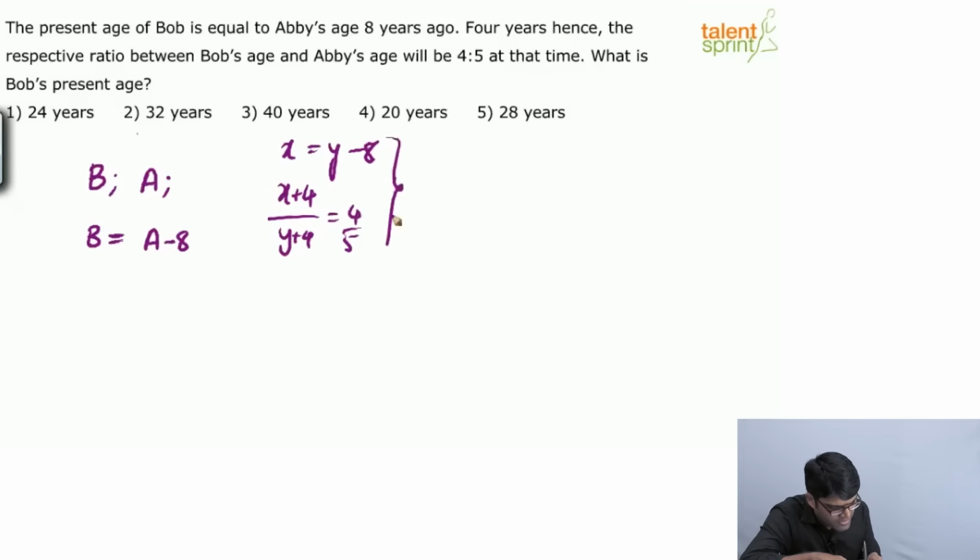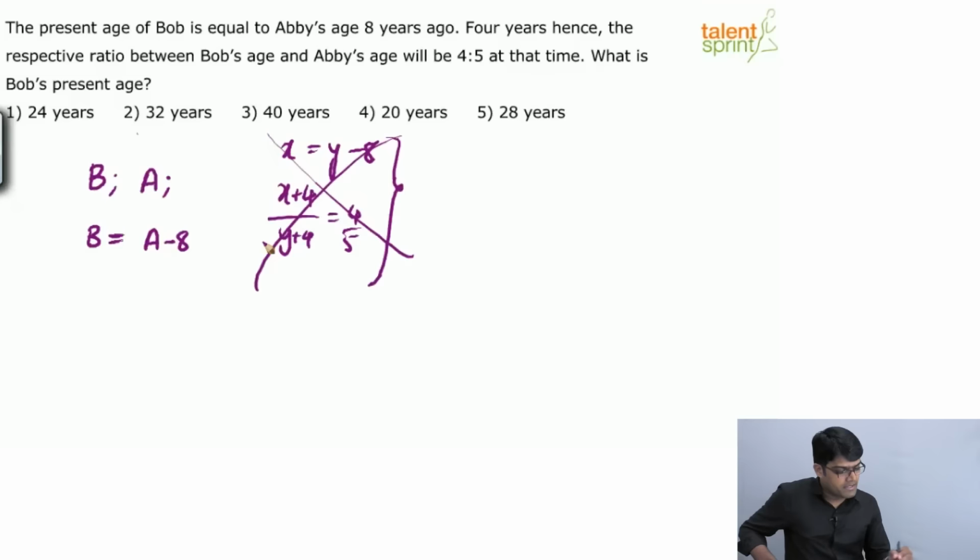You'll solve it and get the values of X and Y. But before you mark the answer, you'll have to check, was X Bob's age or was Y Bob's age? That confusion will take only 1 second to sort out. But why that 1 second? So it is very important that you choose the variables properly. Let's say the names are given as Namita and some other person, right?